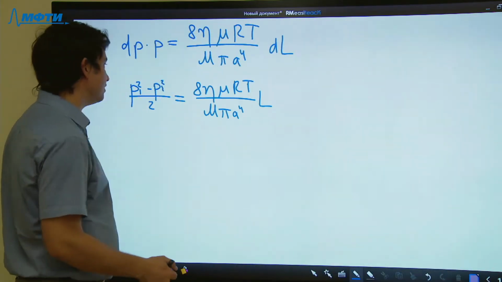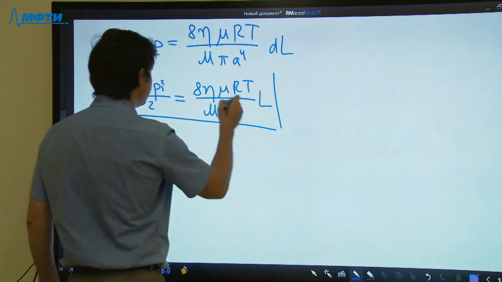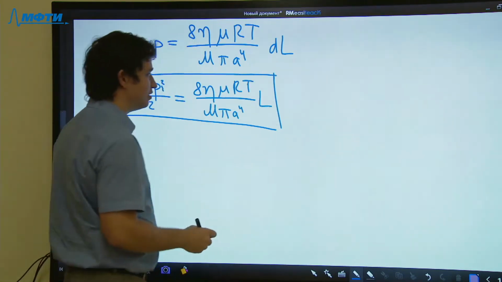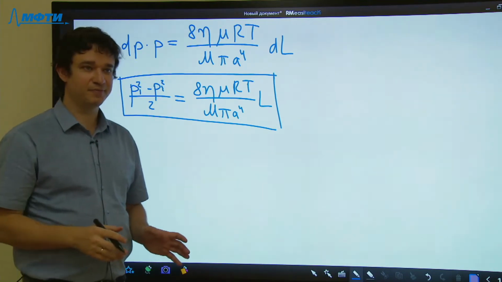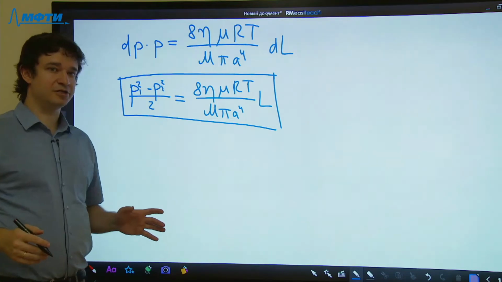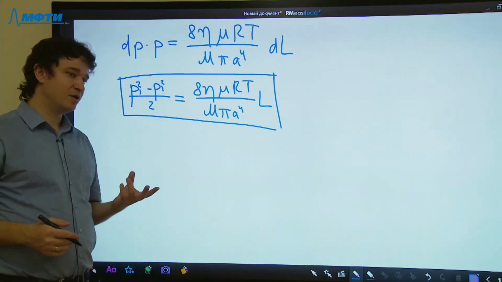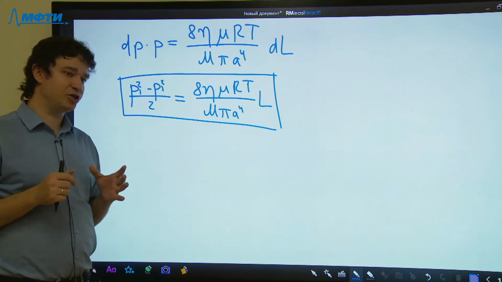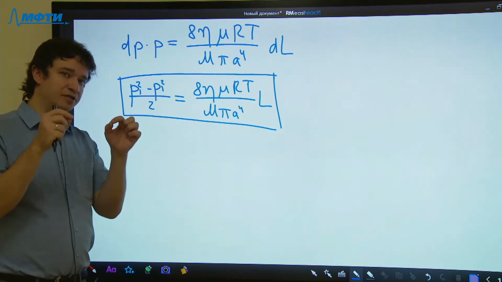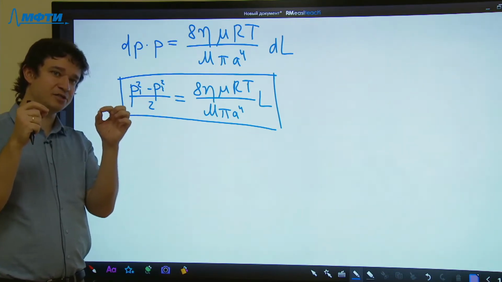That answers the question of the problem, but I would like to add the final remark that this equation is actually wrong. One reason why this equation is wrong is that, in the Poiseuille equation, we assume that the total force which acts on the streamline is 0.